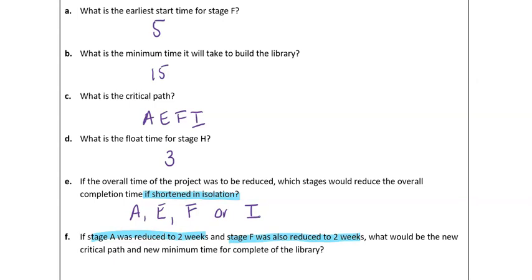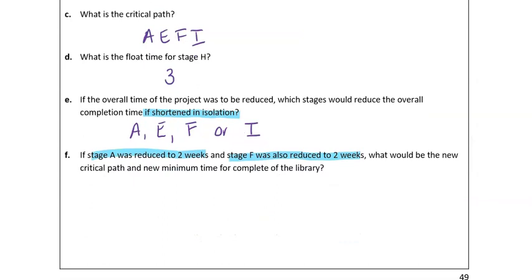For part F, here's where we're reducing multiple activities. They're telling us to reduce stage A by 2 weeks and F by 2 weeks. What would be the new critical path and the new minimum time to complete the library? Here you have the option of either. One option is to write the new completion times on the network and check with a new forward scan.